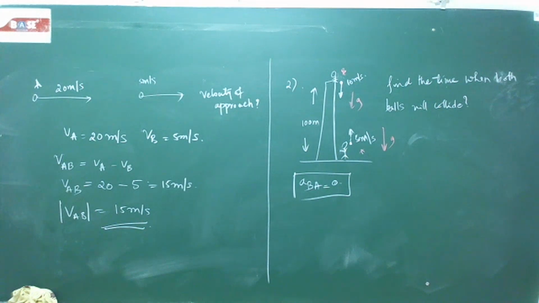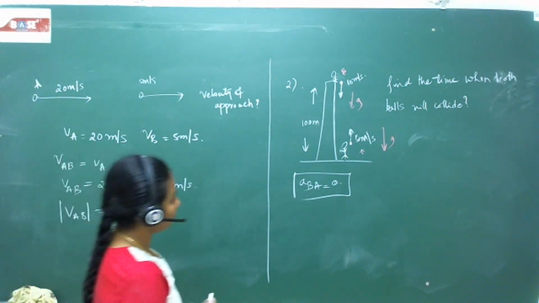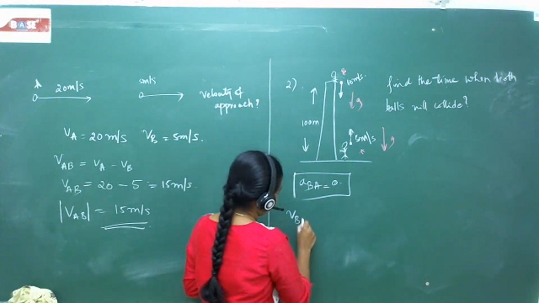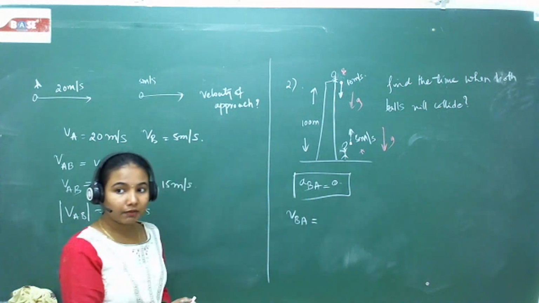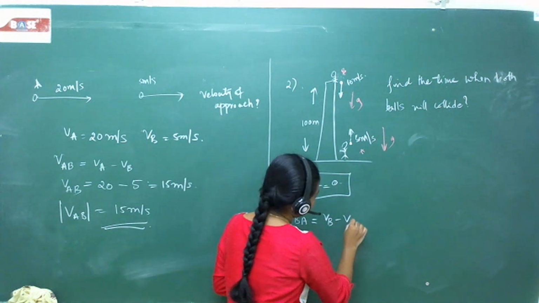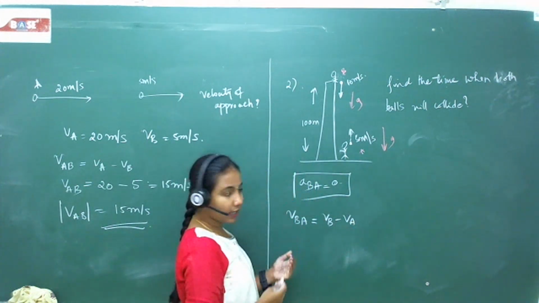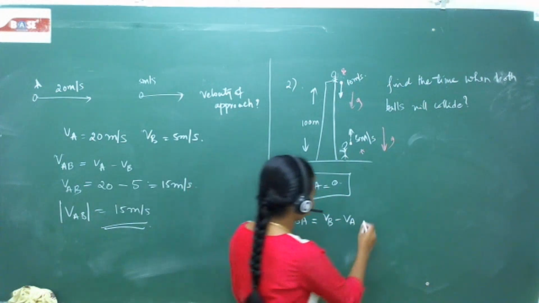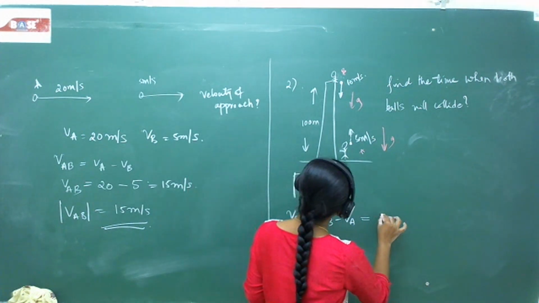Now about velocities. Velocity of B with respect to A will be VB minus VA, right? Opposite direction, so VA will be negative.